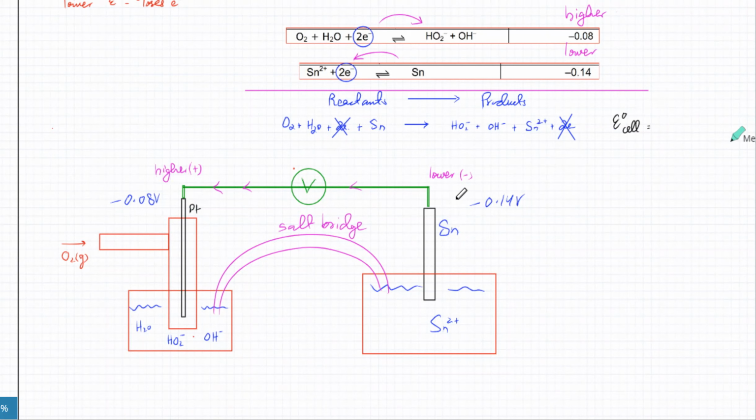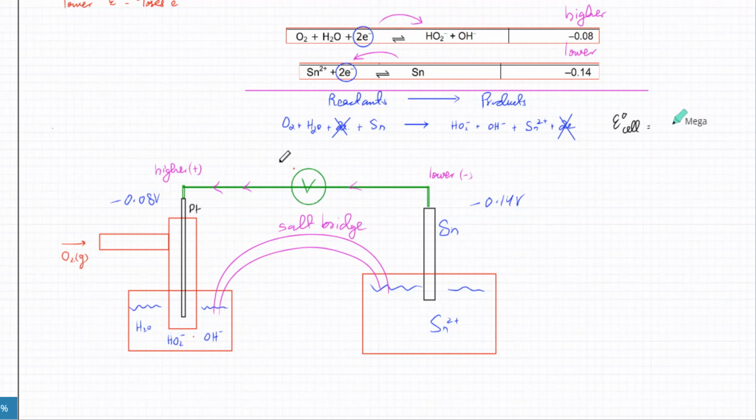So how do you calculate potential difference in physics? What's the formula for that? Like if I want to calculate the voltage on this cell, what would I do? It's going to be V equals IR. It is V equals IR, but the potential over here is given and the potential over here is given.